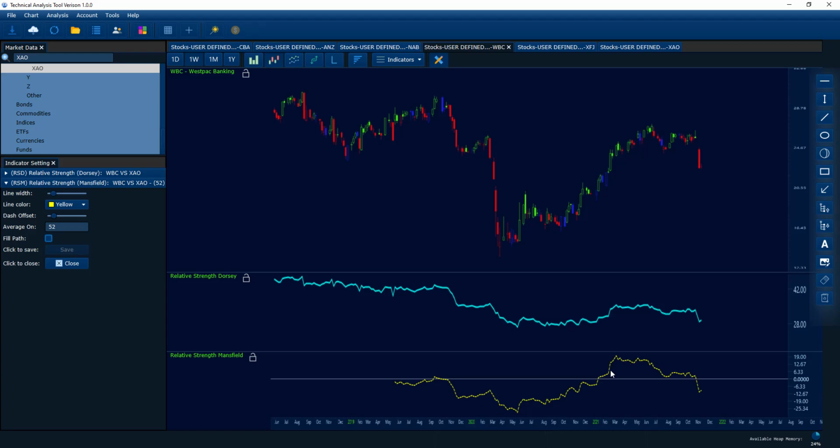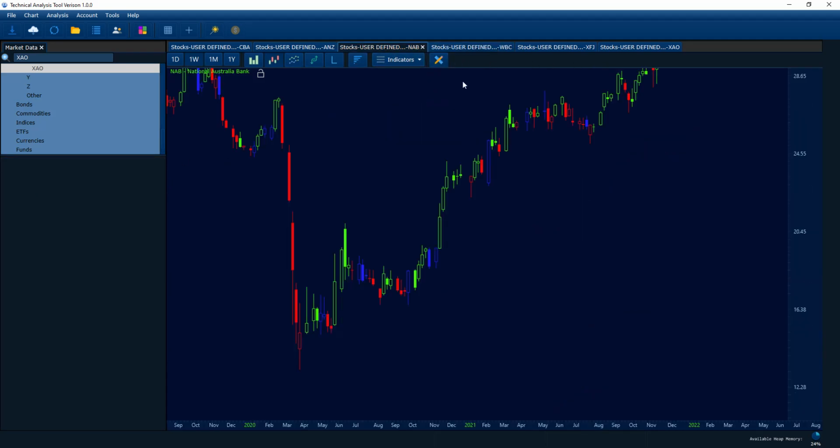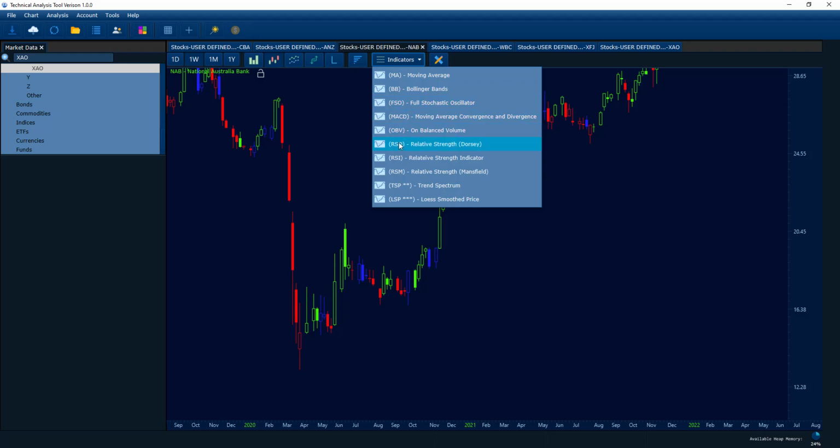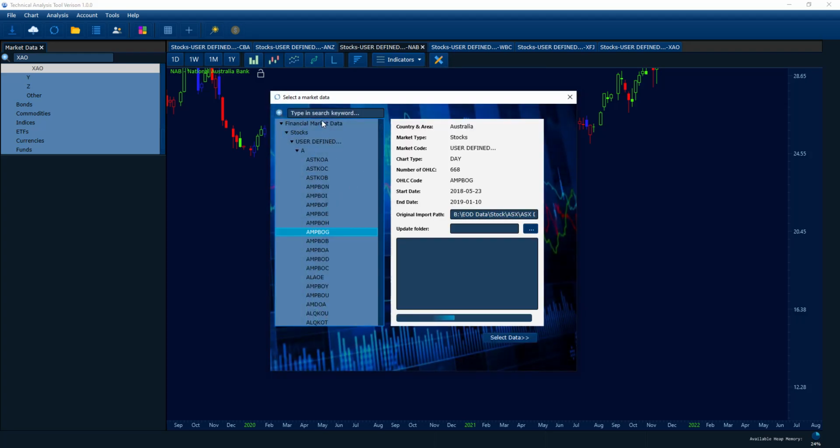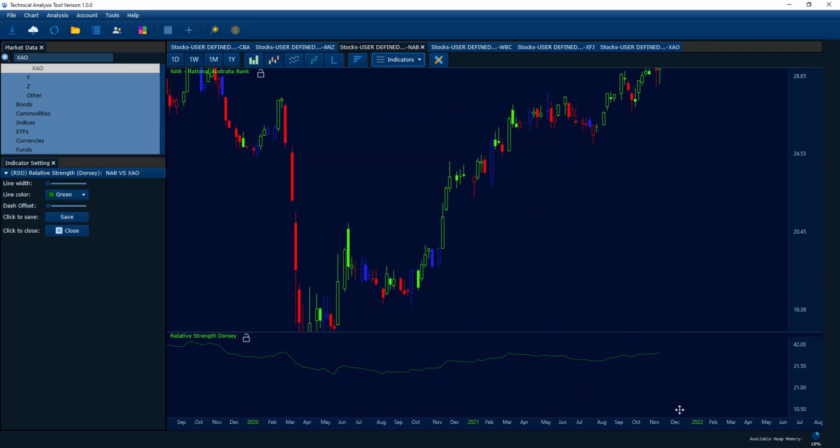Cool. I think that's all the basic information for these two indicators. And let's bring up the, okay, so at the moment, as you can see, WBC is underperforming the market compared to the All Ords. Let's have a look at the NAB. For example, let's bring up the XAO, RSD.